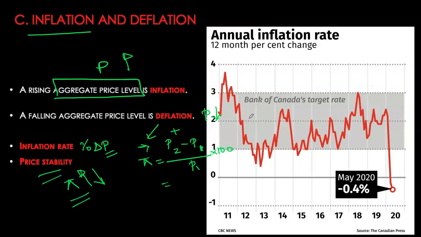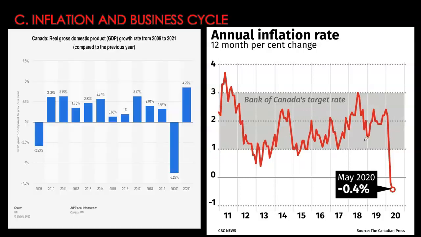The inflation rate for Canada in the last 10 years is roughly around 2%, and the Bank of Canada tries to keep it between the range of 1 and 3%. Another interesting thing to note over here is that inflation and the business cycle, this is your short-run alternation between expansion and recessions, typically follow the same trend. Not always, but usually they do.